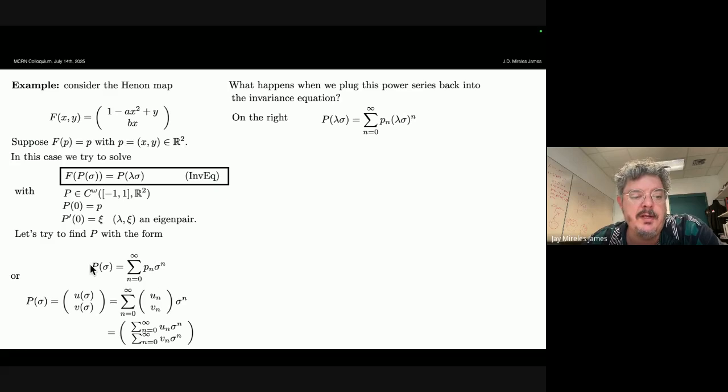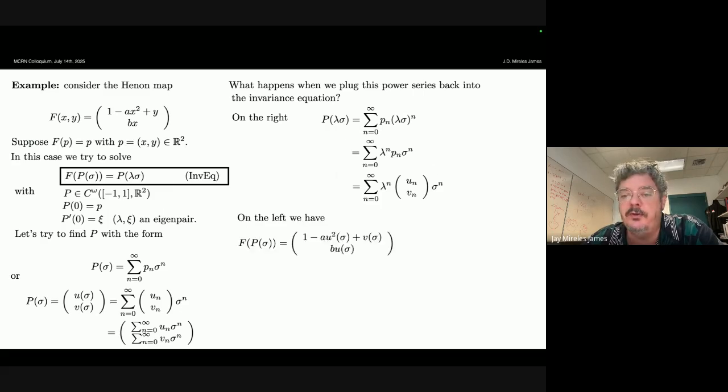We replace sigma in our power series with sigma times lambda. That's this. And then the n distributes across both of these terms. In coefficient space, this composition is a nice diagonal operator. We just get this lambda to the n in front of the coefficient P, which maybe I'll write like this if I'm thinking about components.